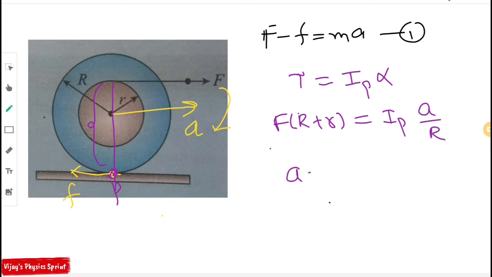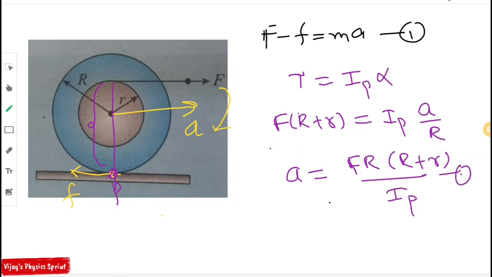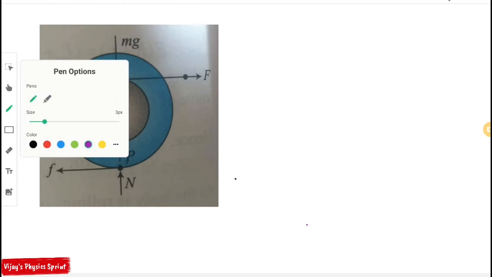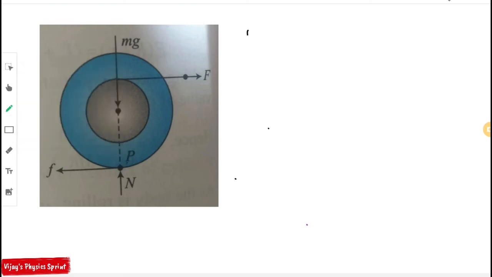Writing the value of a, equation number 2. Now substituting the value of equation 2 in equation 1 and solving for the frictional force, we get ma, and we already have R plus r by Ip.